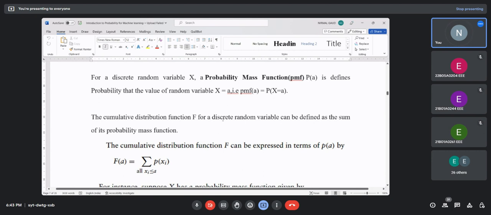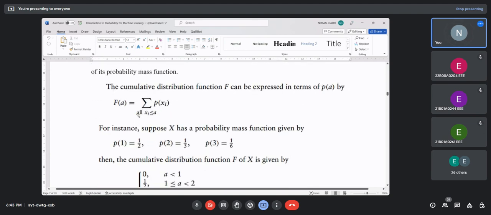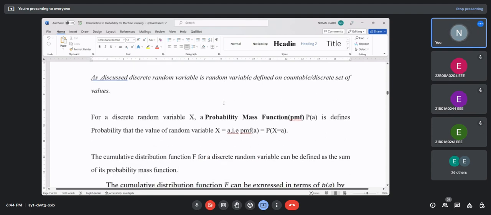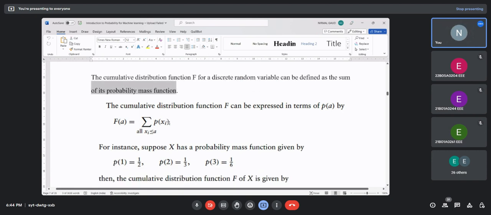So for a discrete random variable, we would say probability mass function, PMF, and it defines the probability that a value of a random variable x is something like this: p(a) equal to P(x = a), whose value in the form of cumulative distribution, that is the cumulative distribution function for a discrete random variable, that's what I told above, is given as the sum of its probability mass function.